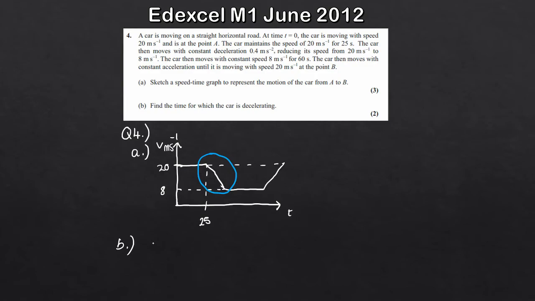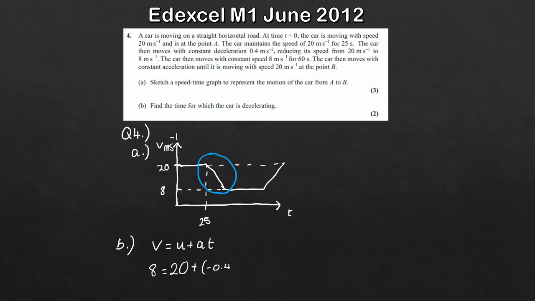So in that case, what we can use here is v equals u plus at, because all we're looking for is what t is, the time. So v, that's our final velocity, so that would be 8. Is equal to u, our initial, so that's 20. a is the deceleration of 0.4, so that would be minus 0.4 here.